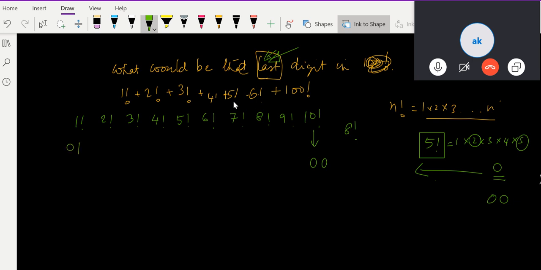So 1 is 01, 2 is 02, 3 is 06, 4 is 24, 5 is 20, 6 is 20, 7 would be 40. 7 into 20 is 140, I'm just taking 40. 8 into 40 is 320, 20. 9 into 20 is 180, 80.